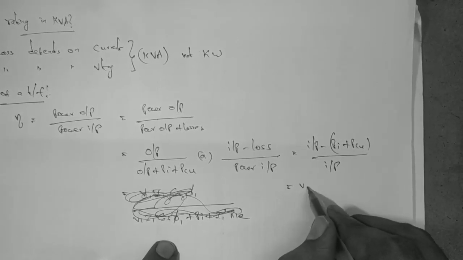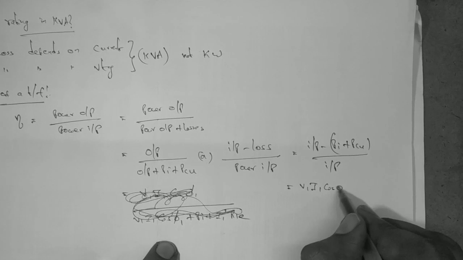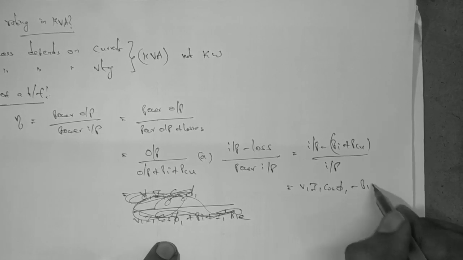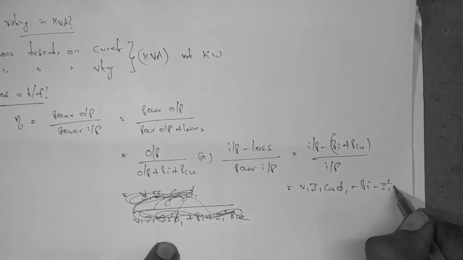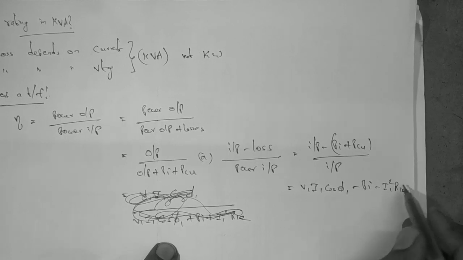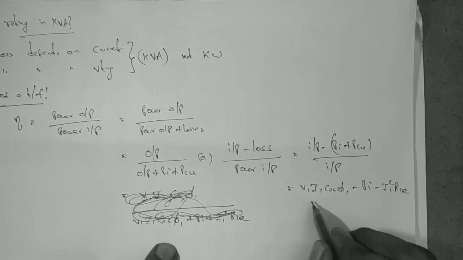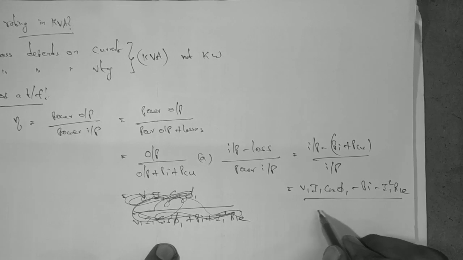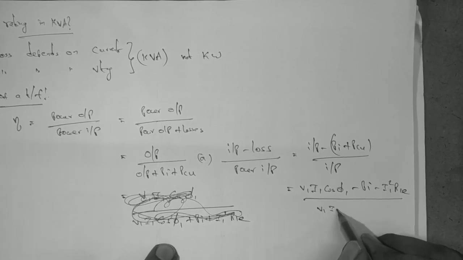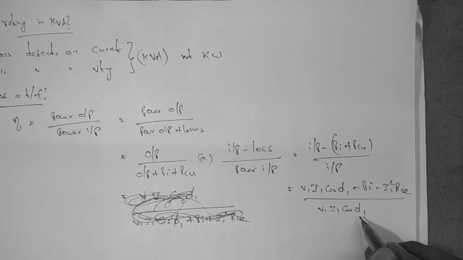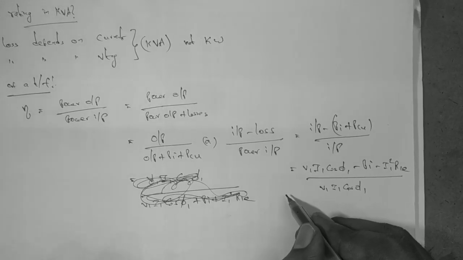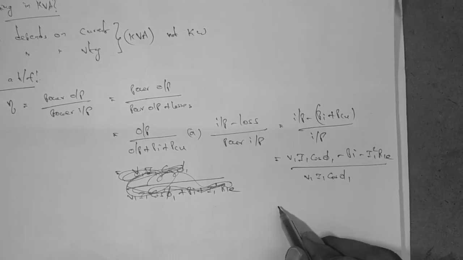The input power can be written as V1 I1 cos phi 1, and the copper losses as I1 square R1E, written in terms of the primary because all the terms are related to the primary only.